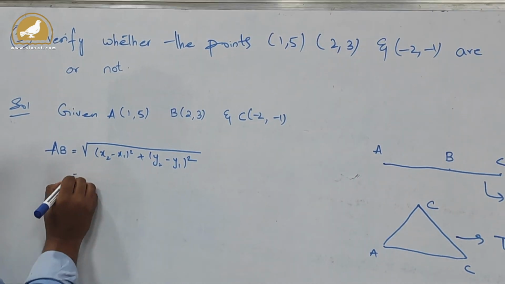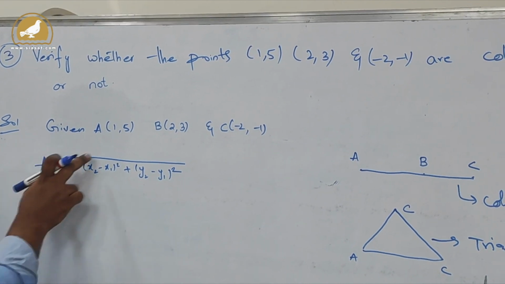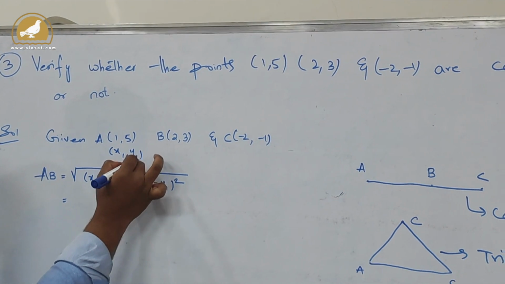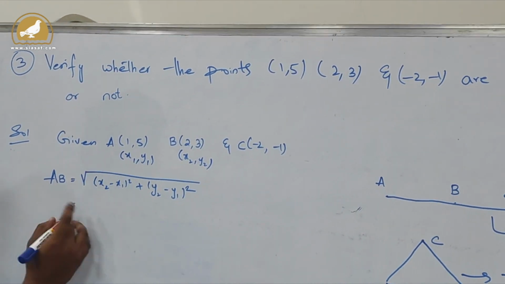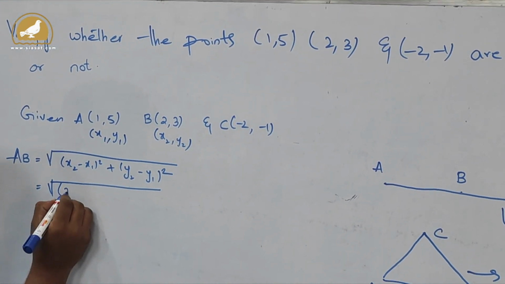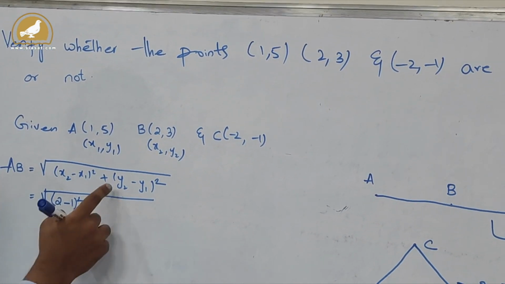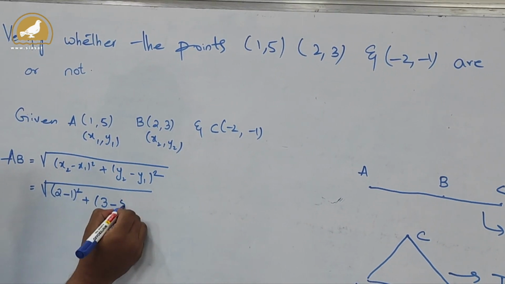When calculating the distance between A and B, we will consider this as x1, this as y1, this as x2, this as y2. Substituting the values, x2 is 2, x1 is 1, y2 is 3 and y1 is 5.